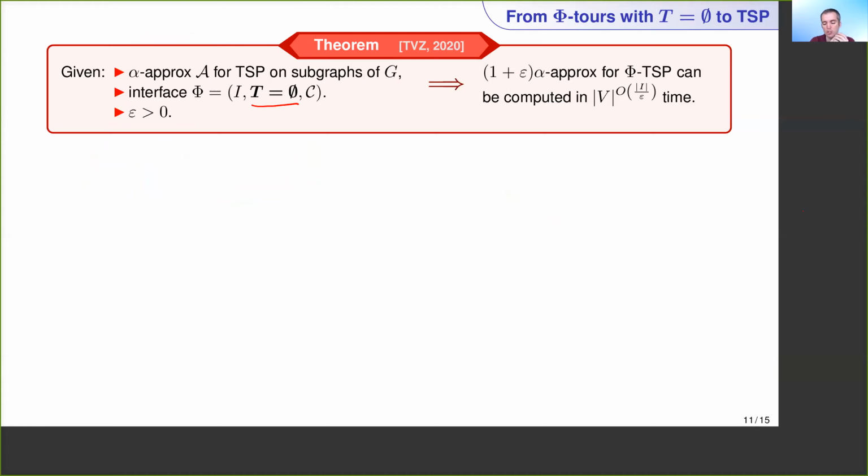However, we can show that one can reduce that to a regular TSP problem simply by guessing a subset of the expensive edges used. And this can be done in a running time that is exponential in the interface size. But we will only deal with constant interfaces. Therefore, there will be a polynomial procedure. So the T equals empty set case is very close to TSP.